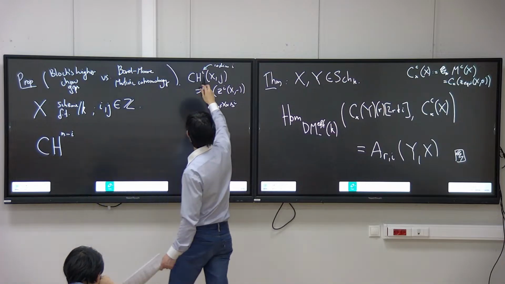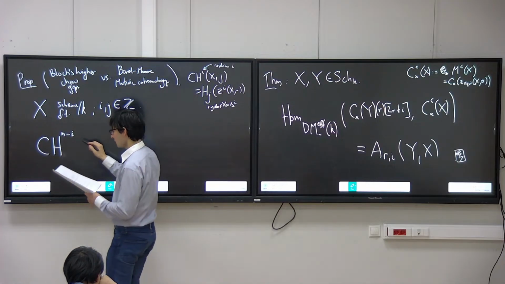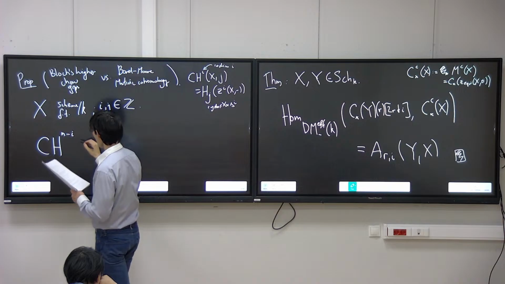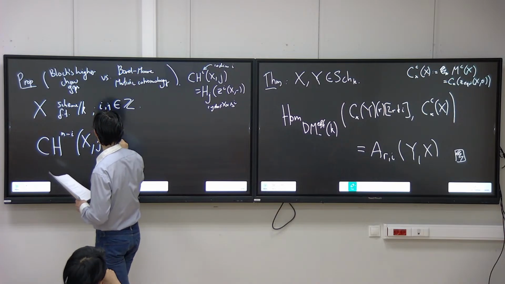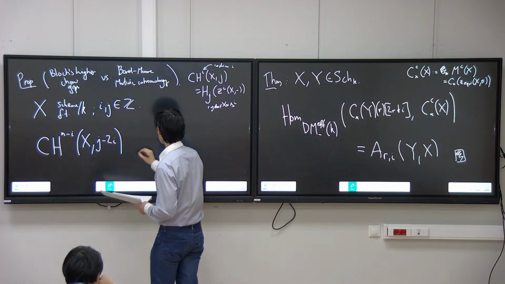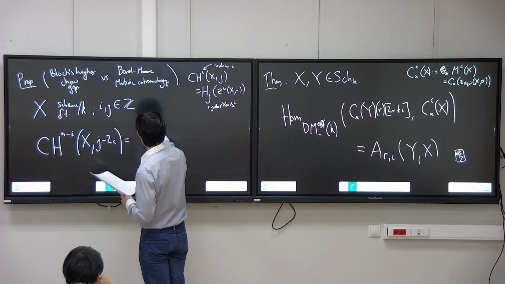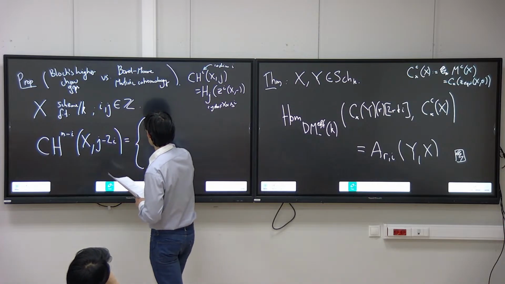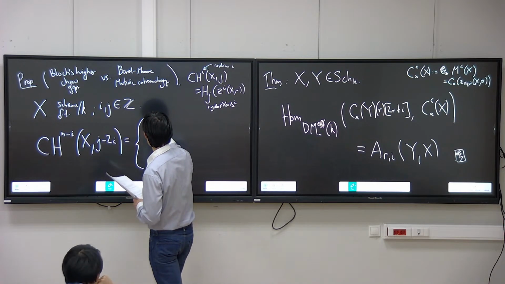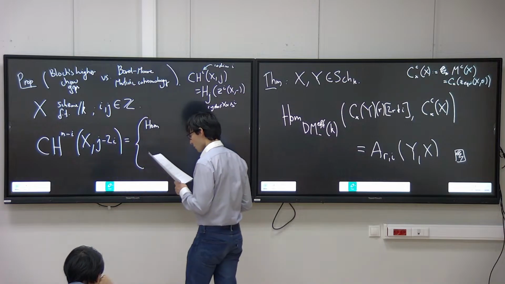We want to study CH^{N-i}(X, j-2i), due to the correction of indices, it will be CH^N minus i, j minus 2i, and this is equal to some version of motivic cohomology called Borel-Moore motivic cohomology.